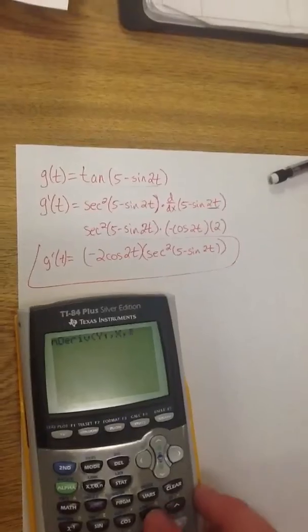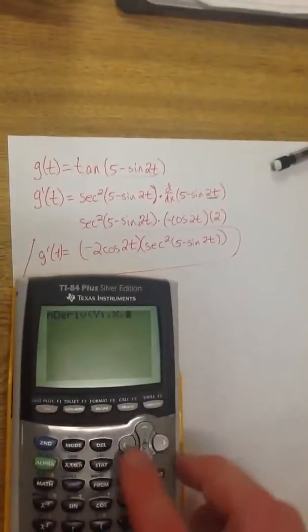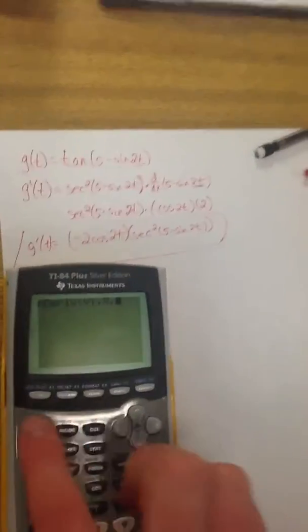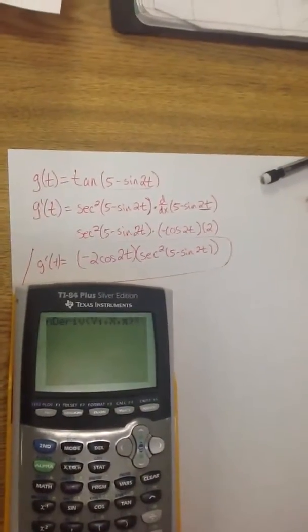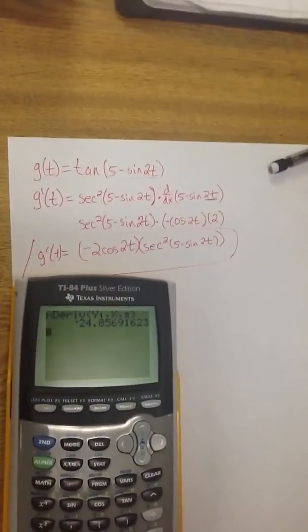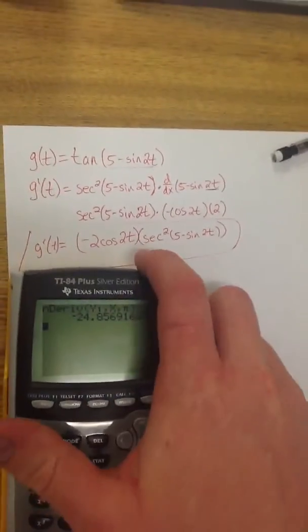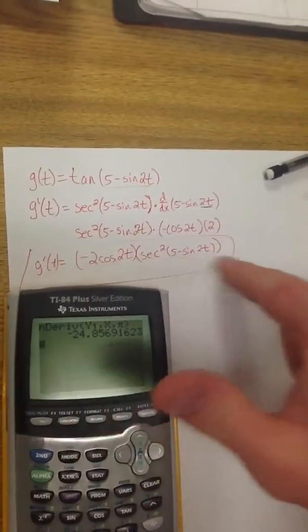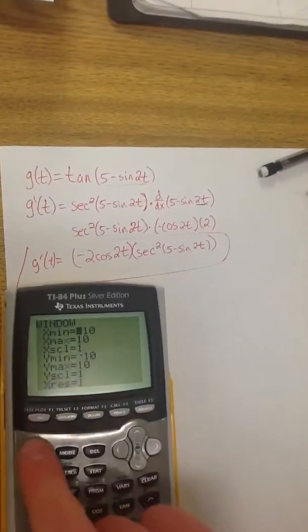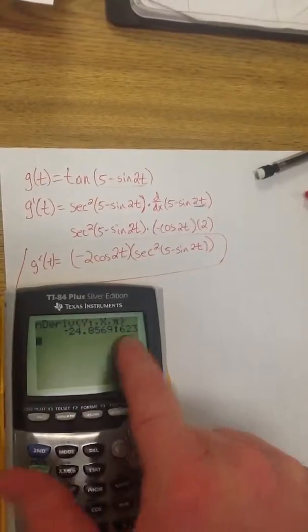I don't know, pick a point. I will pick pi. I get negative 24, blah, blah, blah. So now, if I take my derivative and plug in pi for t, I should get negative 24, blah, blah, blah.